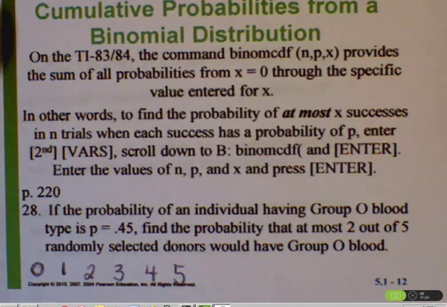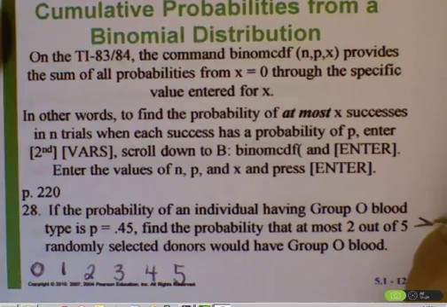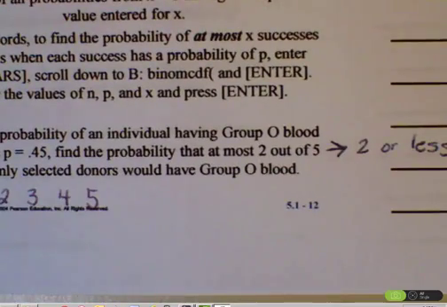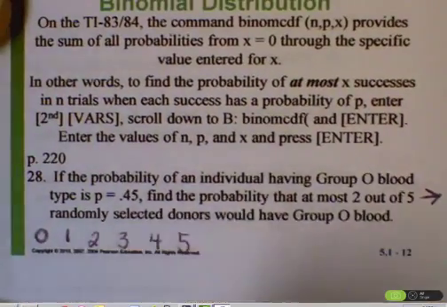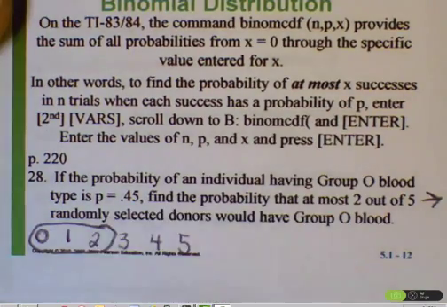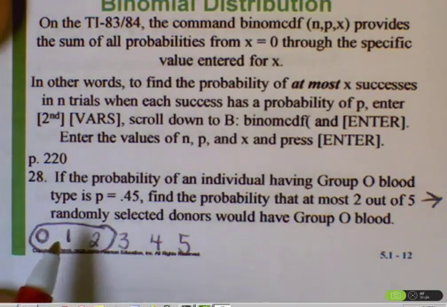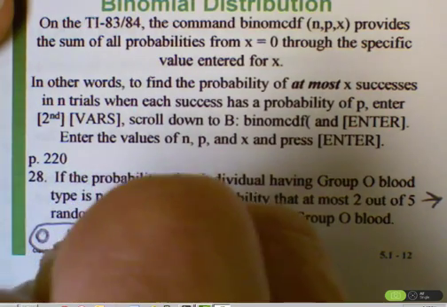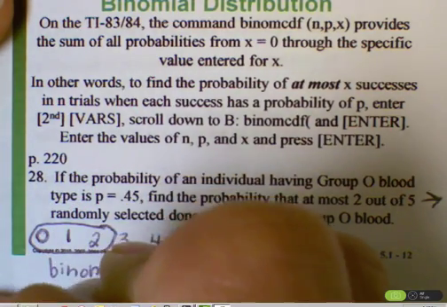I want the probability of at most 2. At most 2 means 2 or less. And out of 5, at most 2 would indicate either 0 or 1 or 2. I want to add up the probabilities of 0 or 1 or 2, and that's when I use binomial CDF.